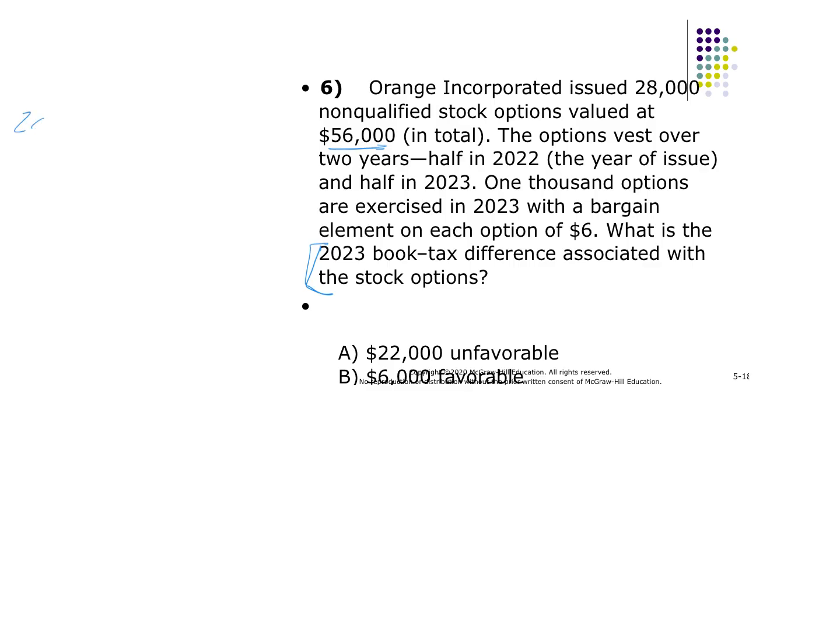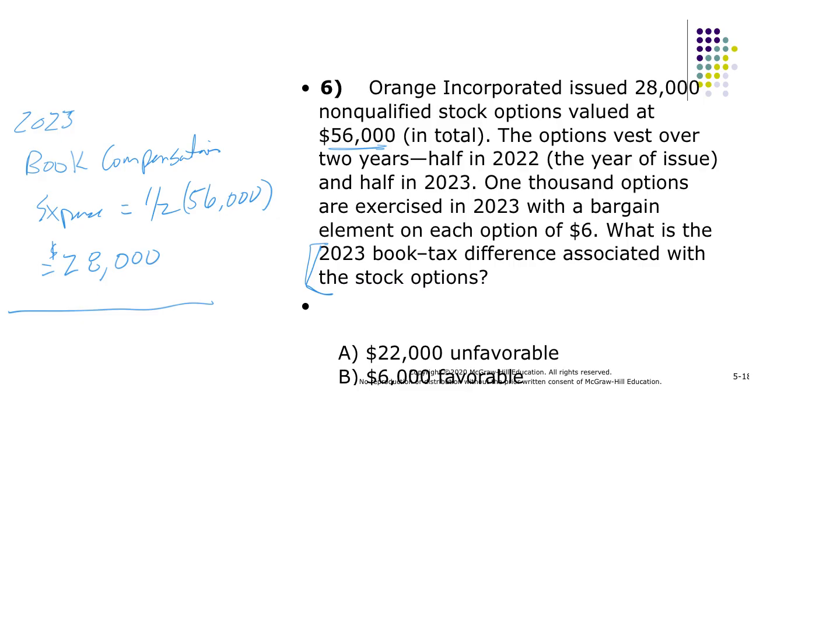And so what do we know? We know that they issued 28,000 non-qualified stock options valued at $56,000 in total, and the options vest over 2 years, half in 2022 and half in 2023. So in 2023, we're going to have book compensation expense equal to 1/2 of that $56,000, which equals $28,000. So that's book compensation expense. Okay.